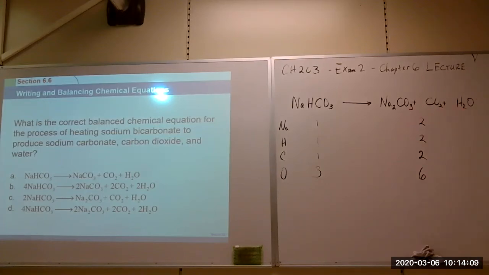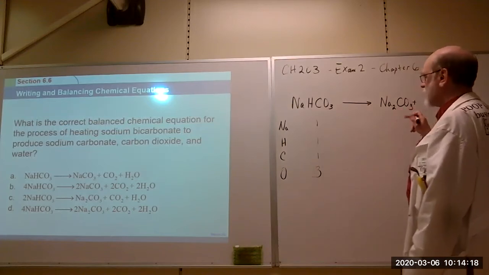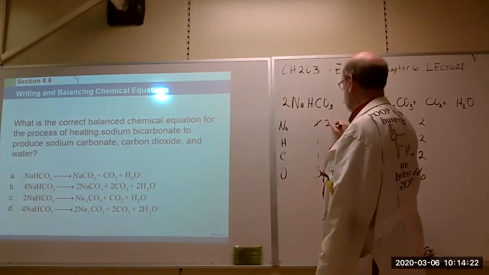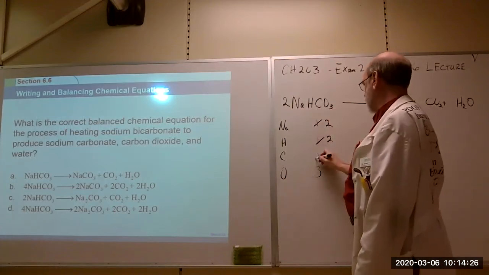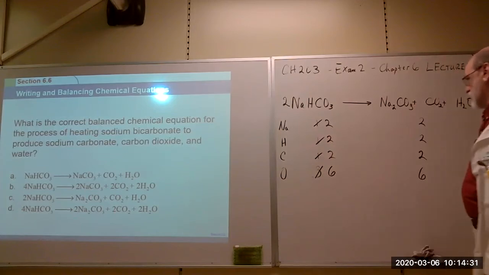Okay, so where do we start? We'll start at the top. So we have 1 sodium over here and 2 over here. This coefficient will give us 2 sodiums, and it'll give us 2 hydrogens, and it'll give us 2 carbons, and it'll give us 6 oxygens. We're balanced. 1 step.